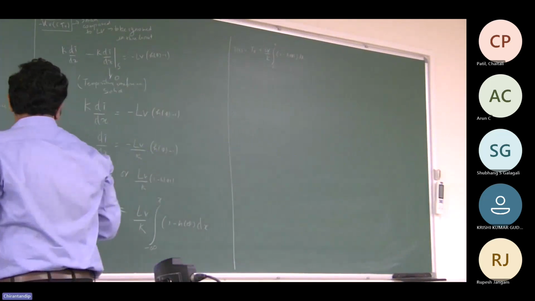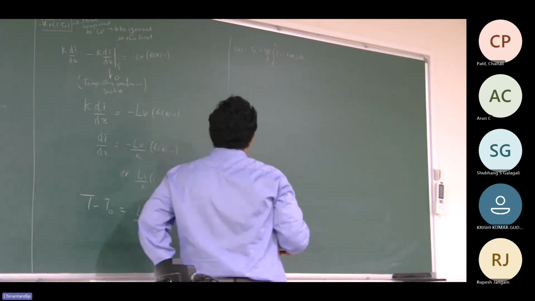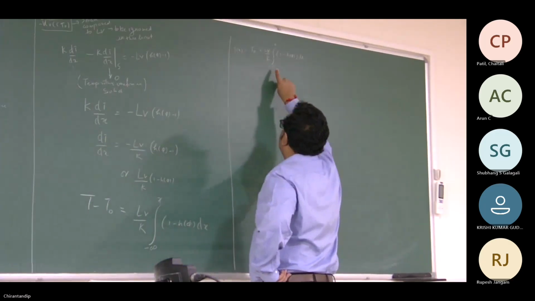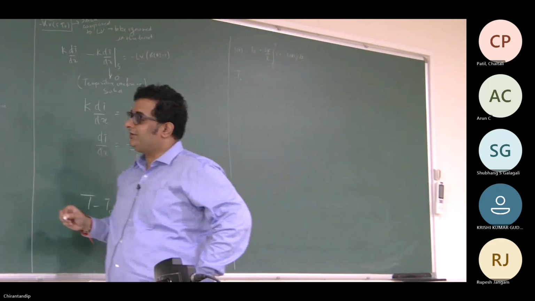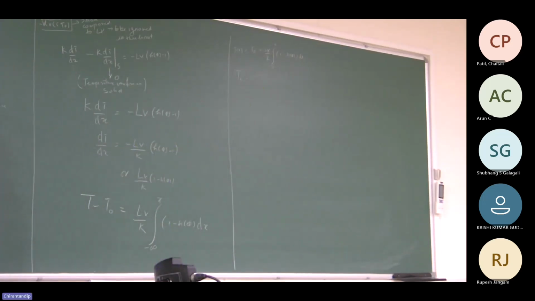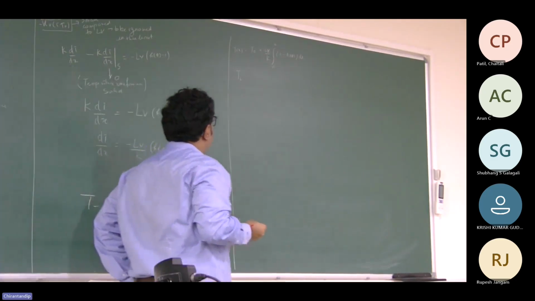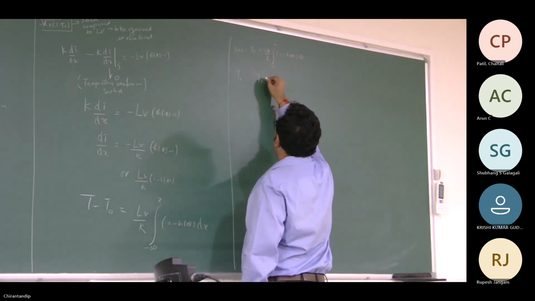What if you want to integrate to get the TL over here? If I mark it as TL, this is essentially P0 plus.